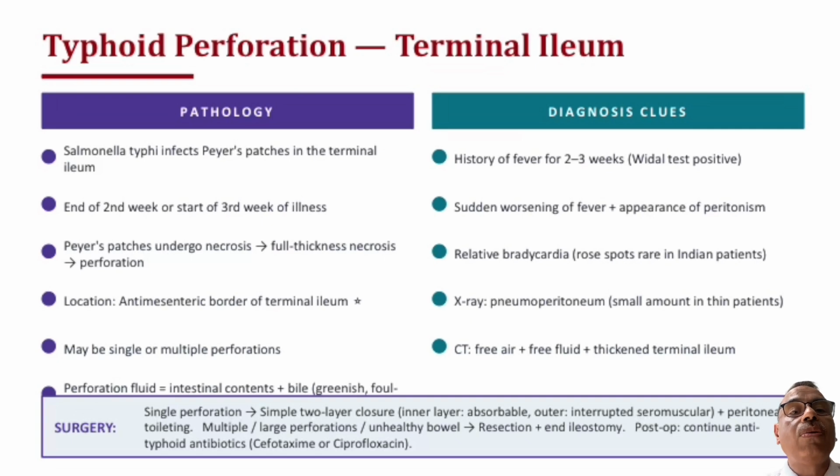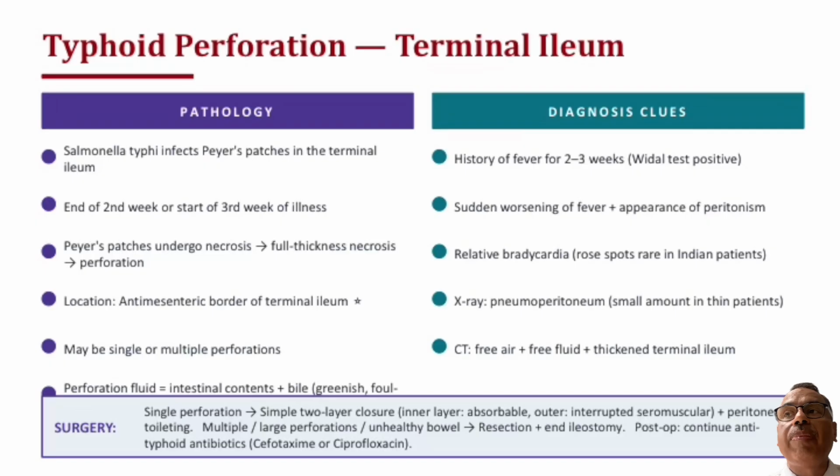What are the diagnostic clues in typhoid perforation? There is always a history of fever for 2 to 3 weeks. The patient's Vidal test may be positive. Then during the 2nd or 3rd week, there may be appearance of pain or deterioration in the fever, and the patient experiences signs of peritonism. The patient has relative bradycardia, which is one of the classical signs seen.